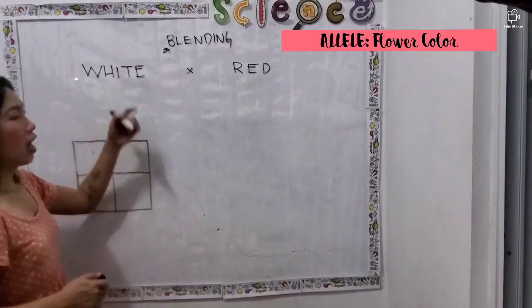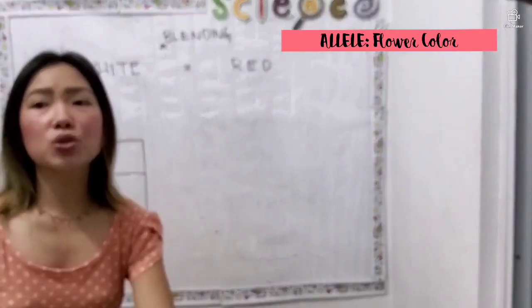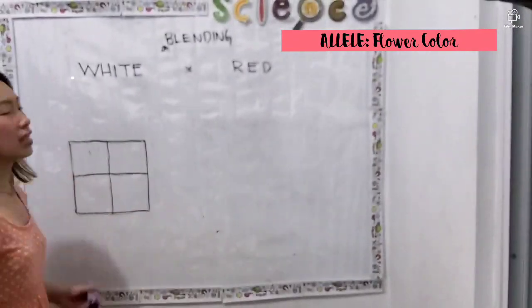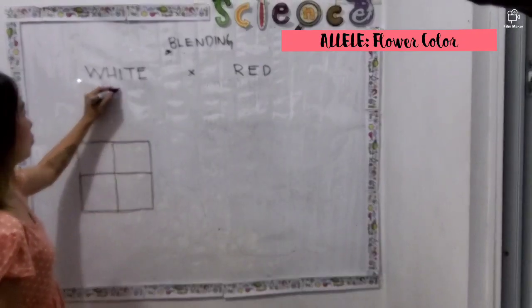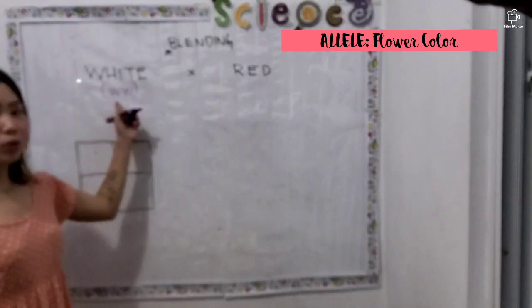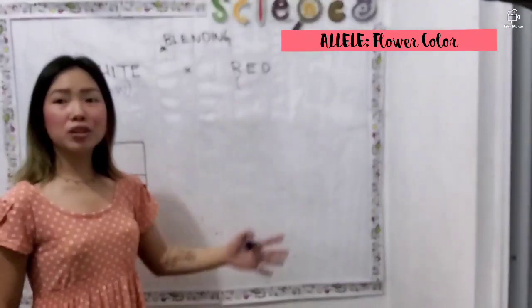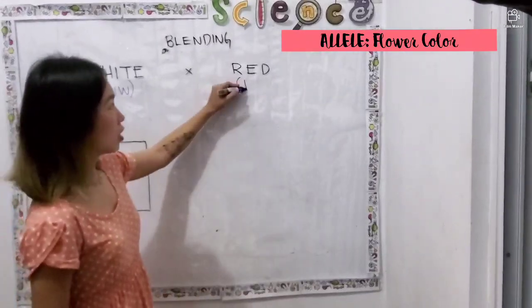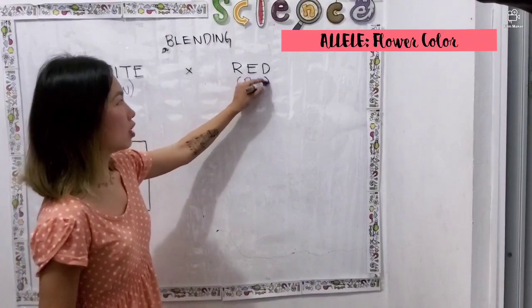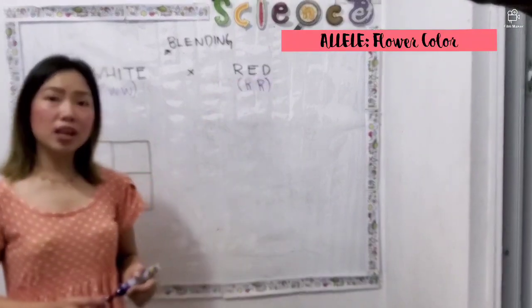For the white, I want to use the genotype W as the letter. And for the red, I will use the first letter of the word, which is R.